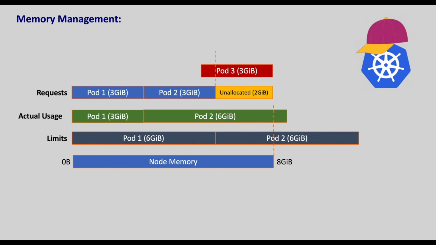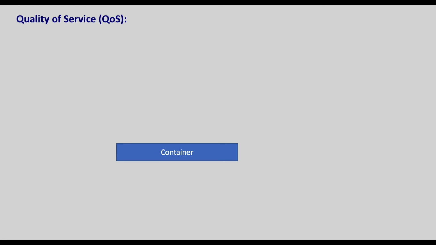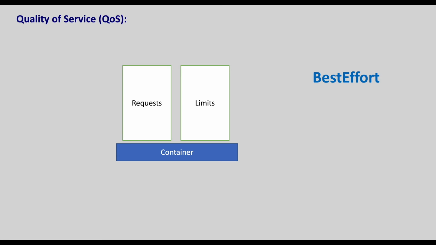Kubernetes decides which pods to kill by categorizing the pods into 3 classes, more specifically quality of service classes. We don't set this class on the pod. Kubernetes automatically assigns this class to a pod based on the requests and limits we defined. When we don't define both requests and limits, Kubernetes assigns the best effort class to the pod. Please note that this applies to both CPU and memory.